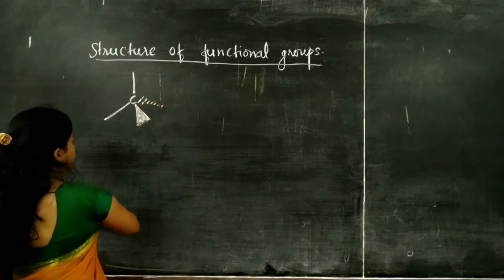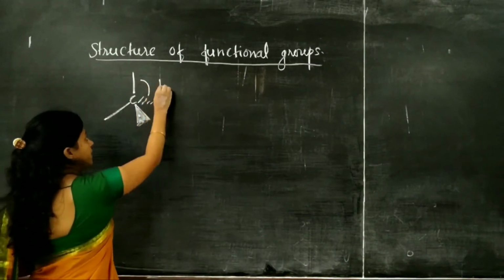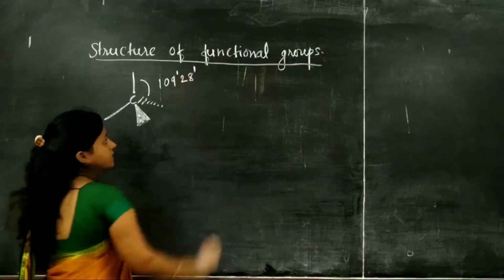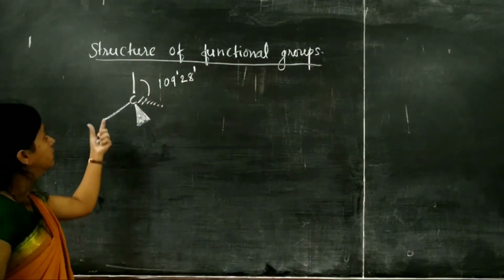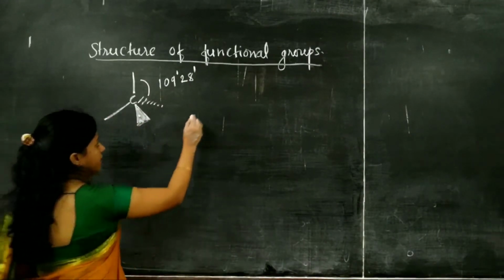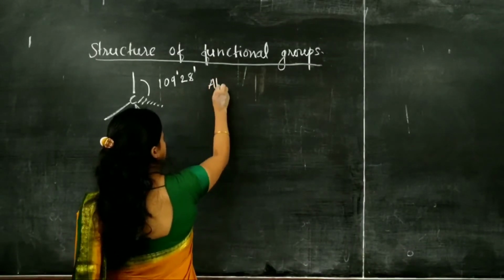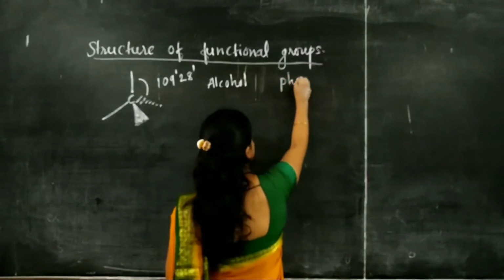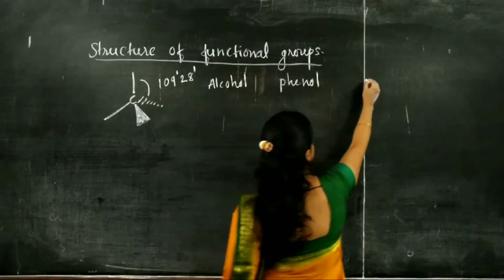So this is a tetrahedral structure, and the normal tetrahedral angle is 109 degree 28 minutes. But in case of the functional groups of this chapter 11, that is, we have here alcohol, phenol and ether.